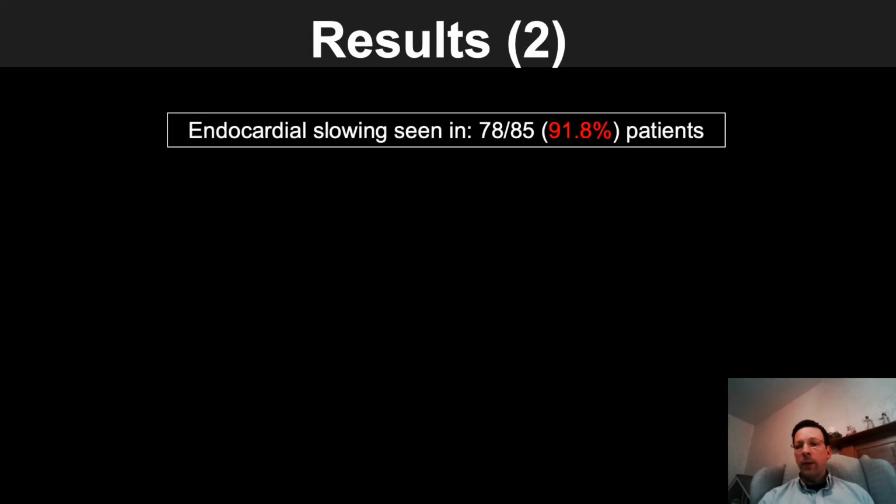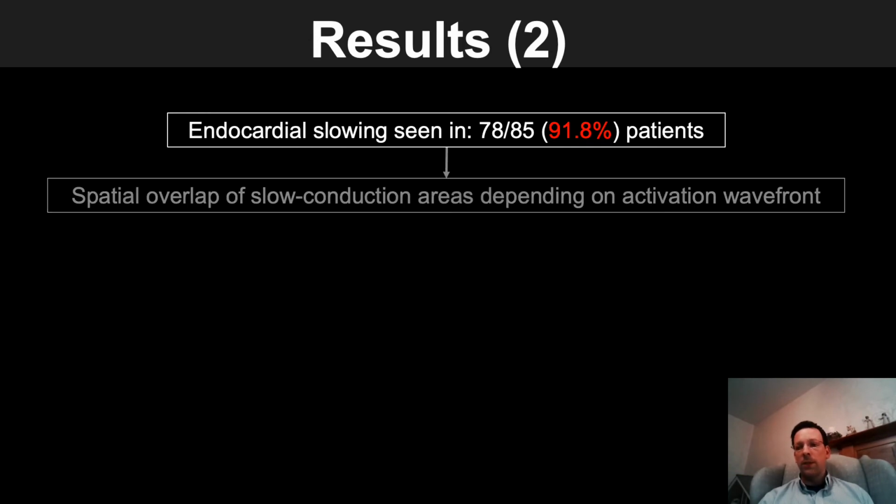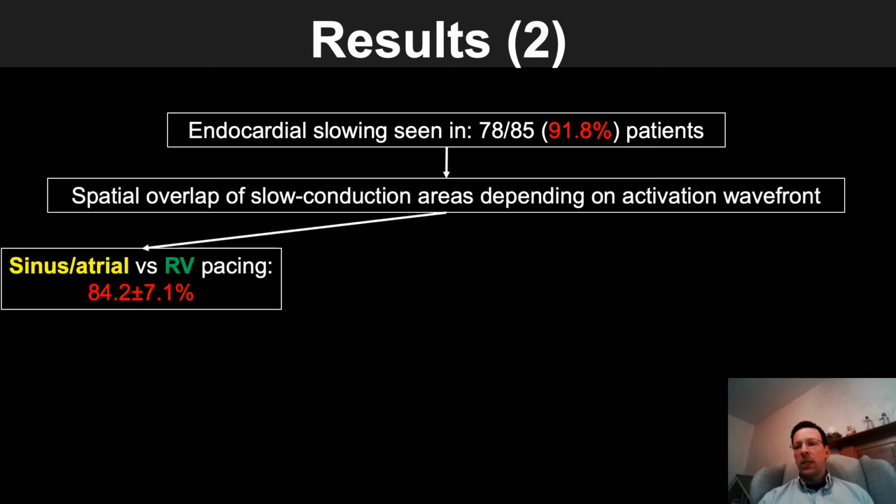Endocardial slowing was seen in 91.8% of patients. There was an 84.2% spatial overlap in the areas of slowing seen during sinus rhythm or atrial pacing and RV pacing.